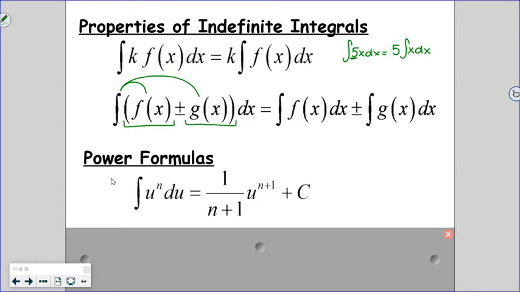Very similar to what we just saw. If I was doing the integral of x squared dx, that equals, and what this is saying is add 1 to the exponent, so from 2 go up to 3, but that you need to then multiply the front of it by 1 over that number. We've already talked about that a lot, about thinking backwards through our power rule. That's all that's saying.